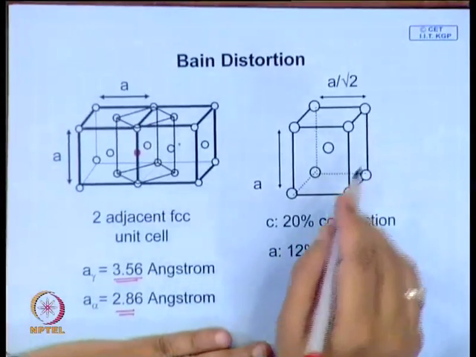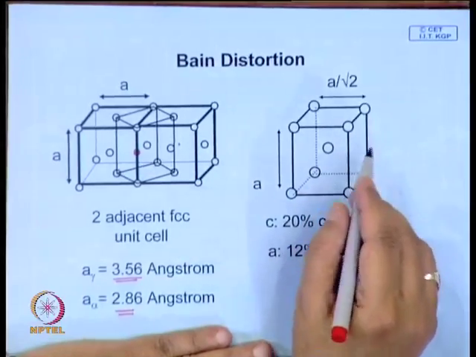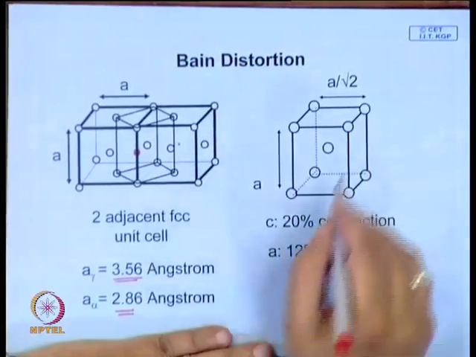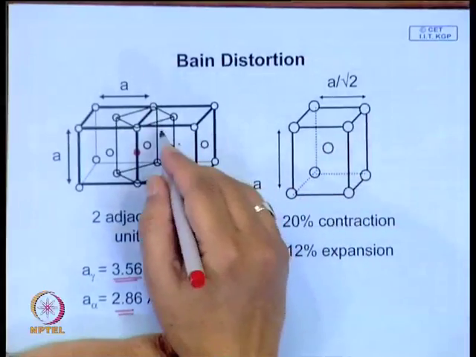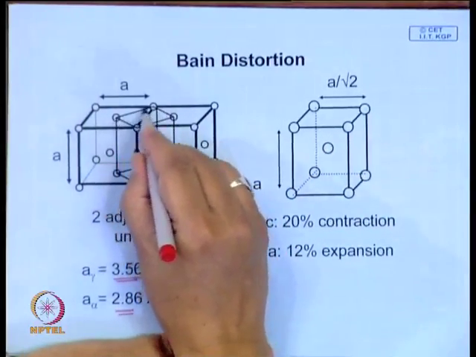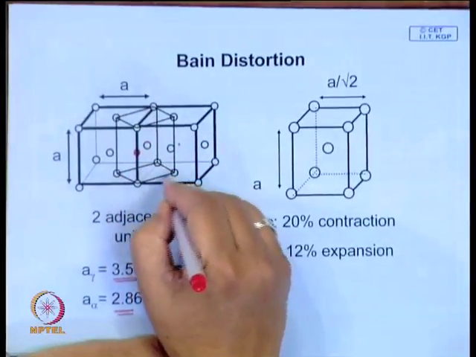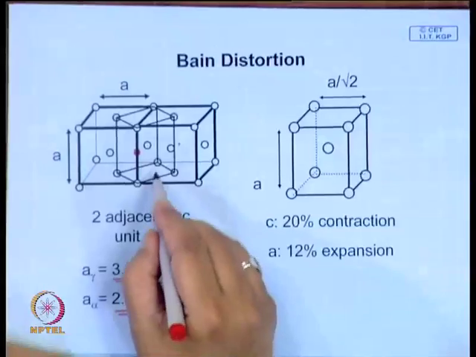And look at it, at very low carbon concentration martensite can be almost considered as a BCC, and look at how a BCC structure can form over here. So, look at this particular cell which is drawn here.